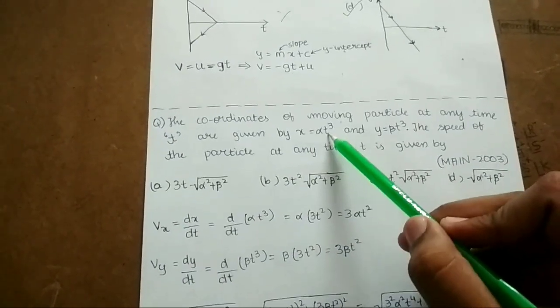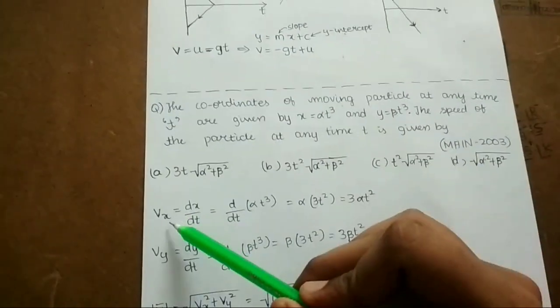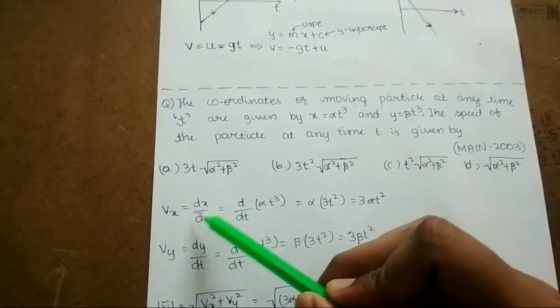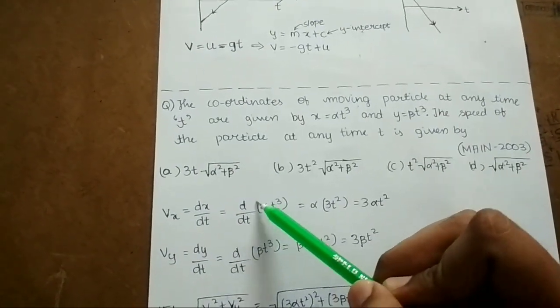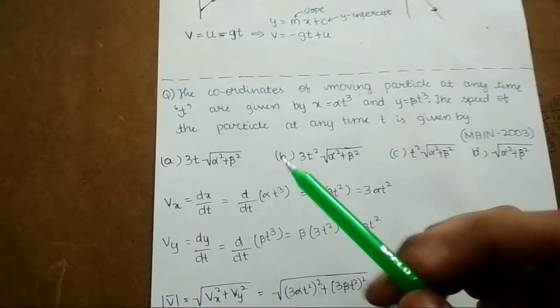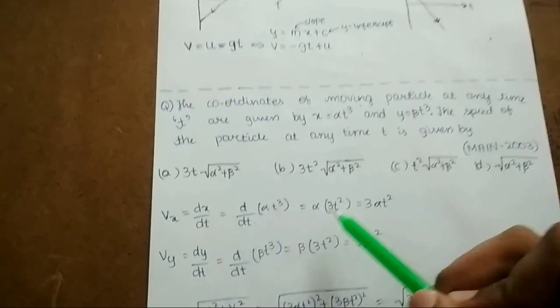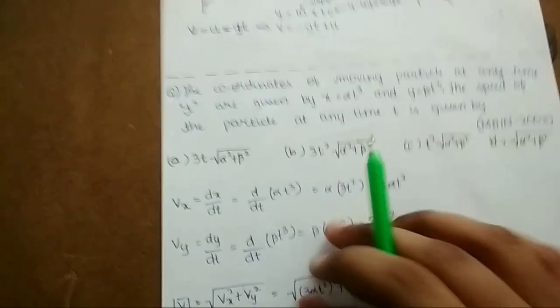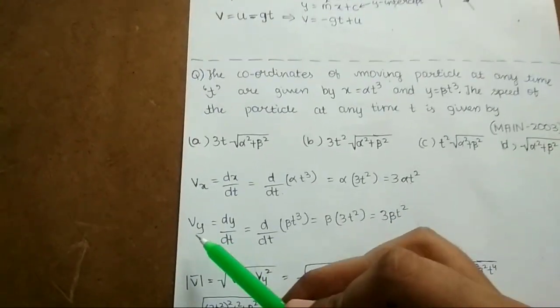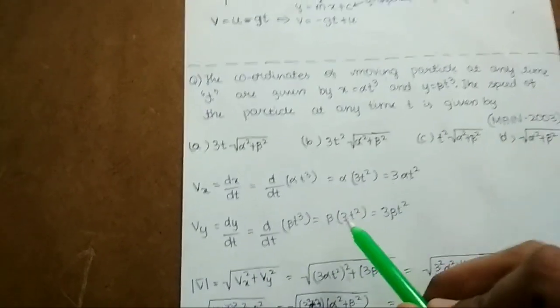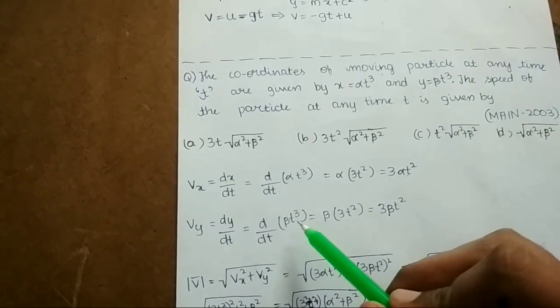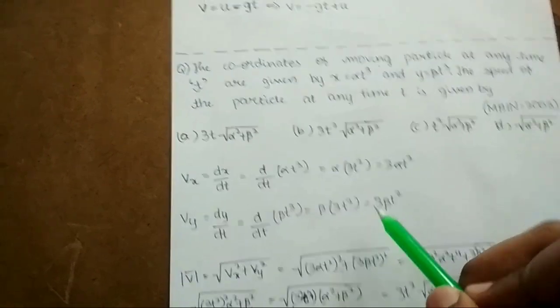We know x equal to alpha t cube. The x component of velocity is dx by dt, that is equal to differentiation of alpha t cube with respect to t. By differentiating alpha t cube, we get 3 alpha t square, and similarly the y component of velocity is dy by dt. By differentiating beta t cube, we get 3 beta t square.